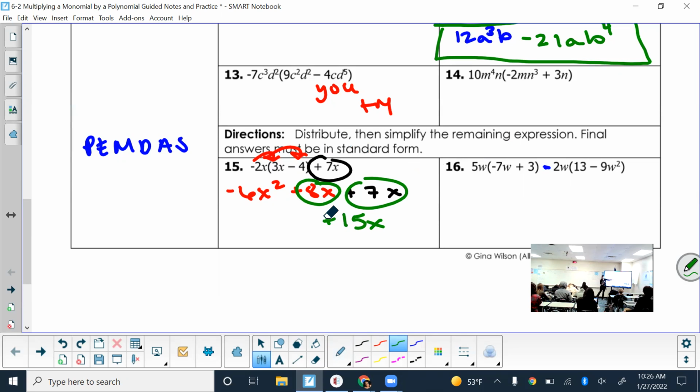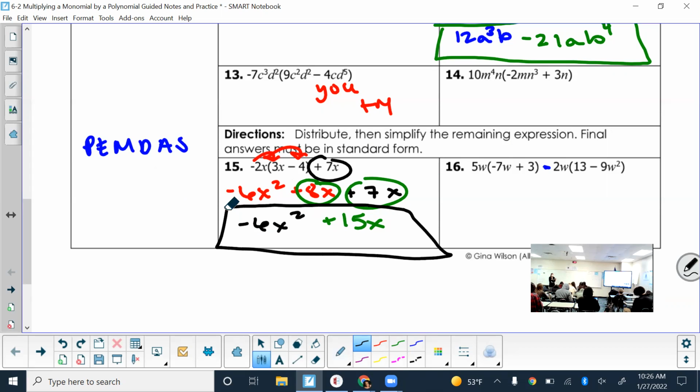When you just combine like terms, you don't change the variable at all. It's still x to the first. Bring down what was over here, so the negative 6x squared. Any more like terms? Is it in standard form? So then box it up. And then we're finished. All right, so that's about it.